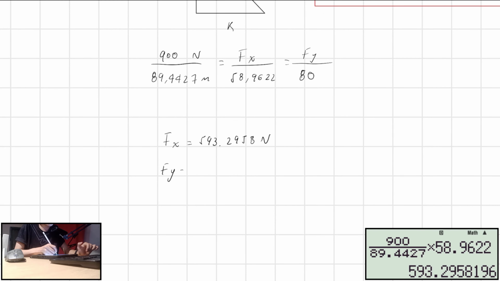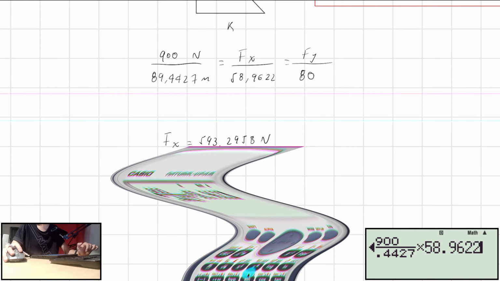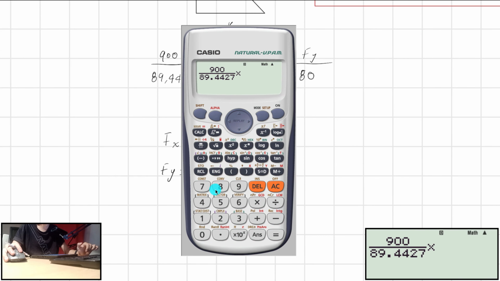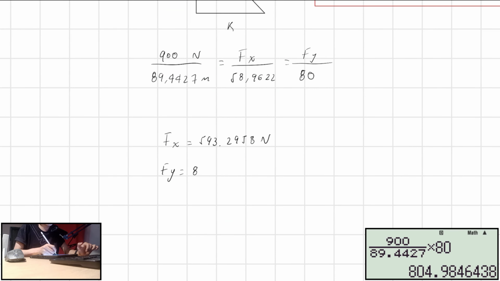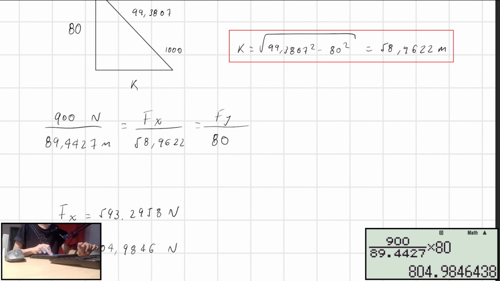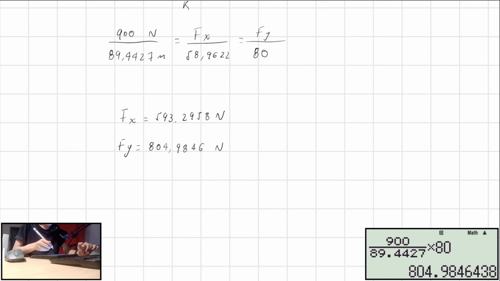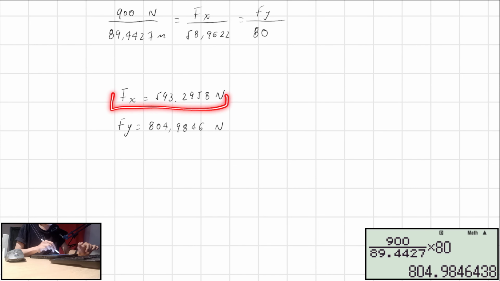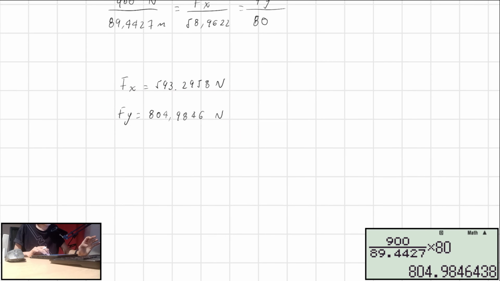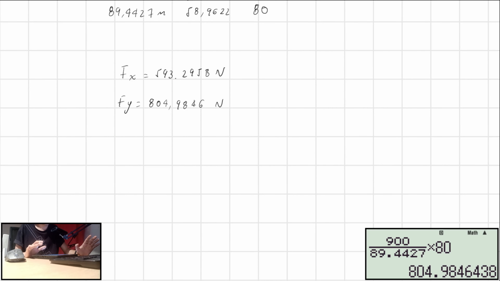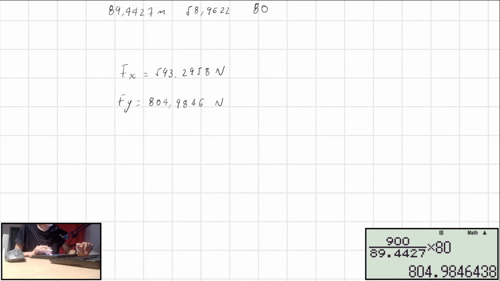And Fy is equal to the same thing but multiplied by 80, which is 804.9846 newtons. Alright, so that would be pretty much it, because right here we have our component in the x-axis and right here we have our component along the y-axis. What's left is to write down the information to know how to write it, and that would be all for the second part of the exercise.